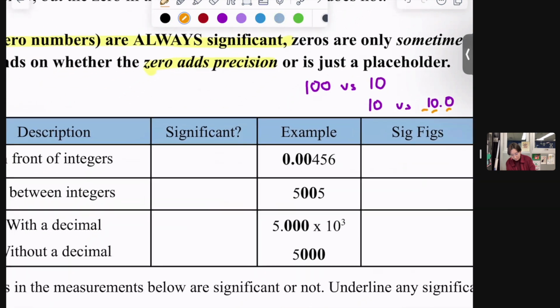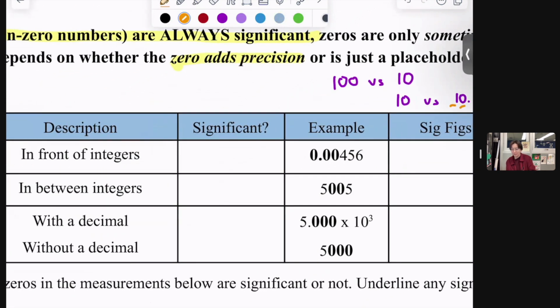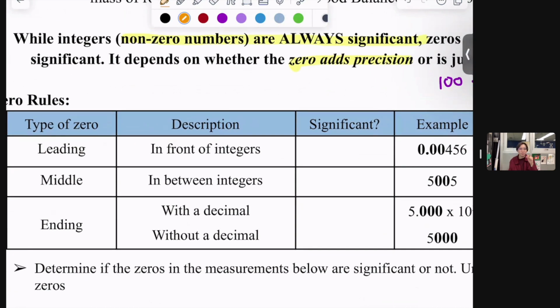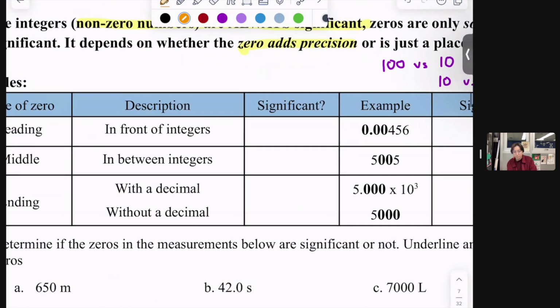So there's a bunch of rules. People put them different ways, but here's one way you can choose to think about it. Leading zeros, so zeros in front, before the non-zero numbers start. So these ones in bold over here. Zeros before our number actually starts. Those are never significant.